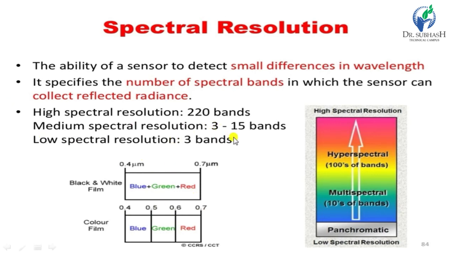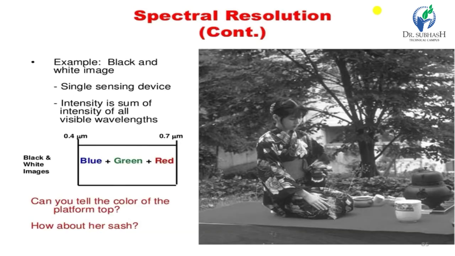In the medium spectral resolution, 3 to 15 bands, and low spectral resolution, there will be only 3 bands like blue, green, and red. So our image only shows the blue, green, and red images. And in the high spectral resolution, we are seeing the 220 bands, like we are seeing 220 colors with respect to that different spectral resolution or different emitted wavelengths.